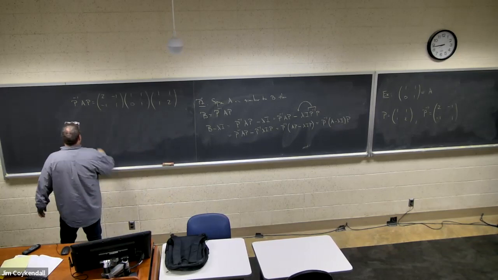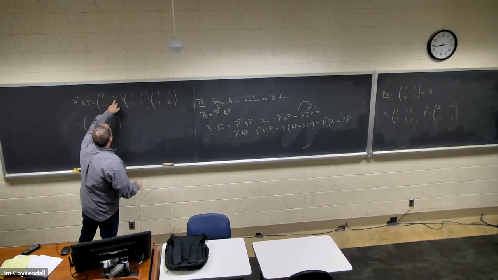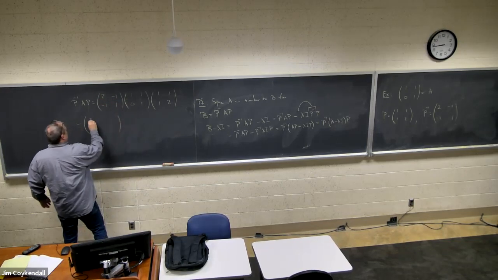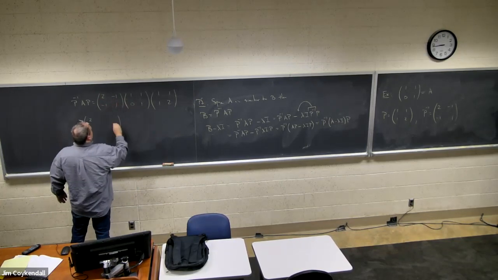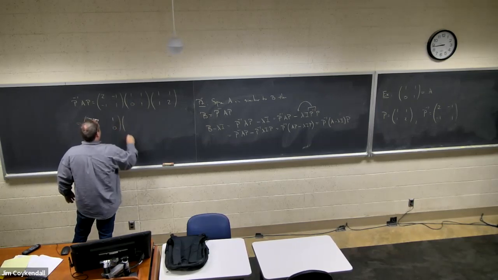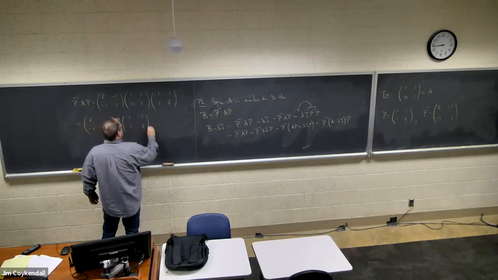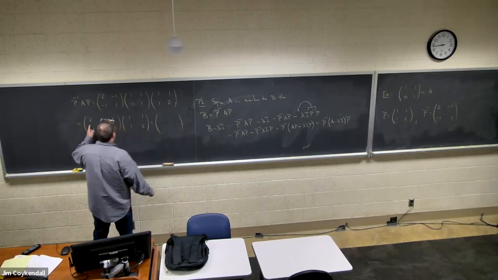Right. So let's just trudge this out. I'm going to multiply the first two first, and that's going to be 2, that's going to be 1, it's going to be -1, 0. Now multiply this.